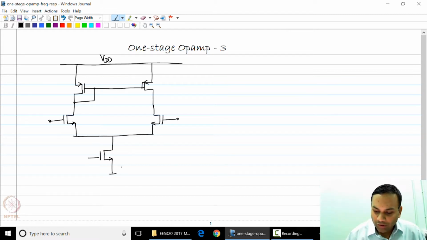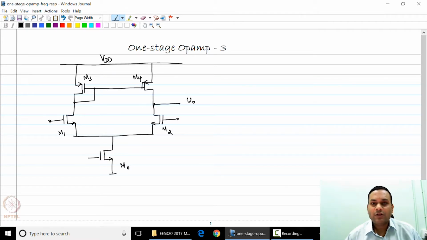I am going to number the transistors from M0 to M4. Let us assume that the op-amp is being driven differentially.